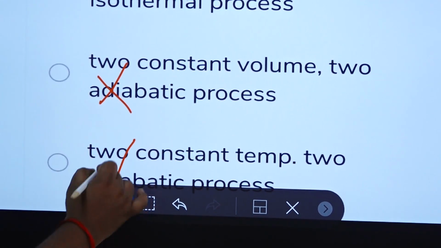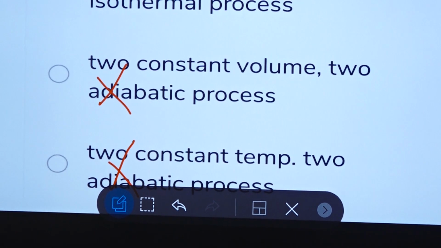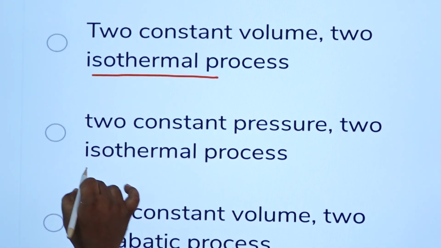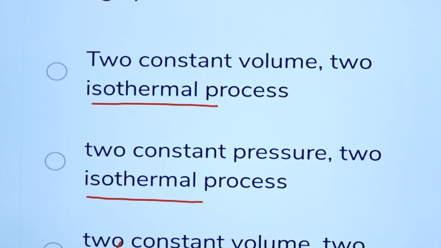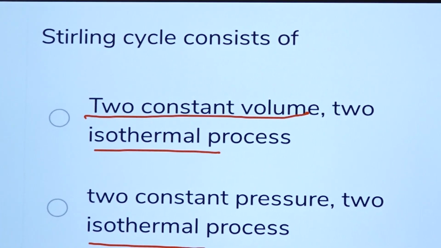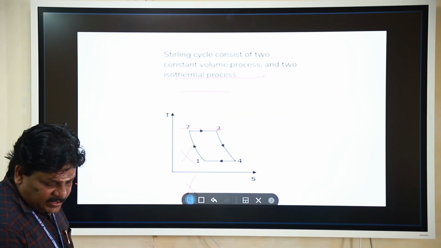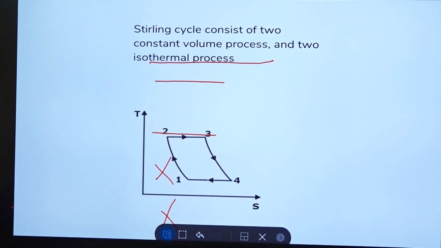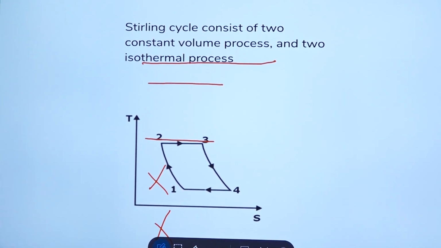You can easily eliminate the adiabatic ones, and 2 isothermal processes are there. In the Stirling cycle you have 2 constant volume processes, you can see that.